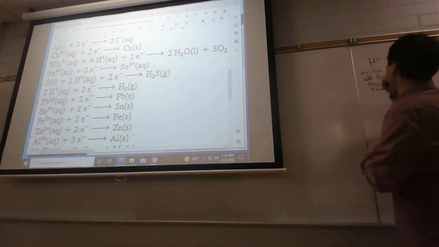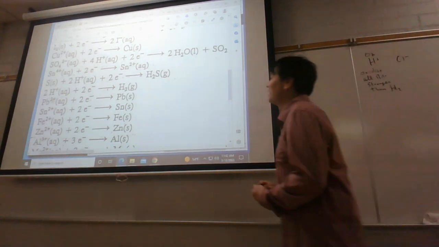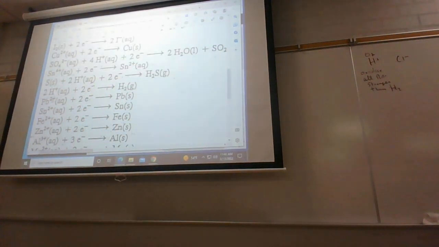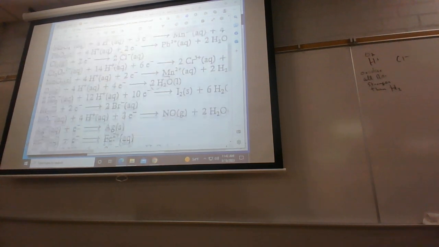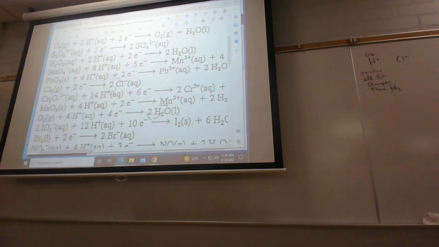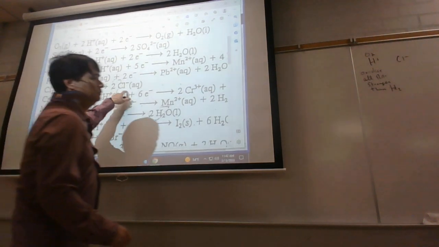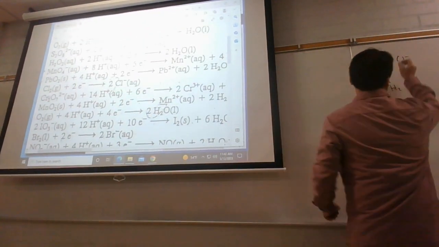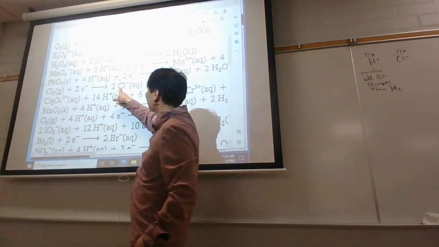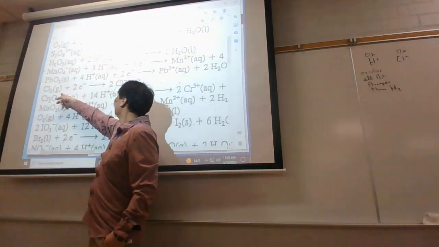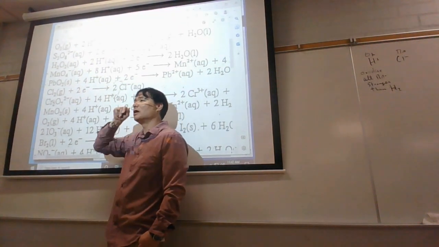Because H+ is an OA. What is Cl minus? Cl minus is a reducer, an RA. So let's take a look at Cl minus, which is here. If chlorine and chloride got in a tug of war for electrons, who would win?